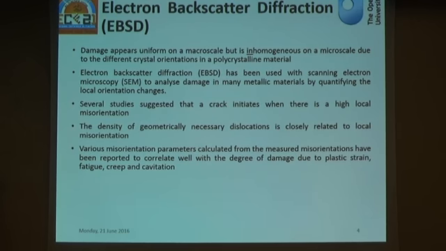There are two types of dislocations in the material: statistically stored dislocations and geometrically necessary dislocations. Geometrically necessary dislocations have a non-zero Burgers vector. So whenever a geometrically necessary dislocation is present, there will be a local change in misorientation, and using EBSD we can detect this change. From the literature, it's very clear that various misorientation parameters have already been correlated with the degree of damage due to plastic strain, fatigue, creep and cavitation.